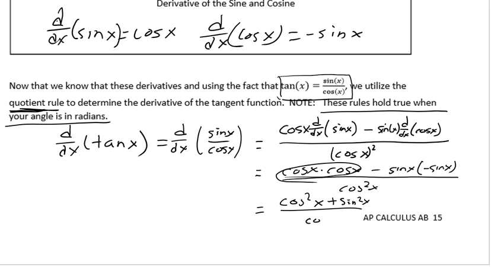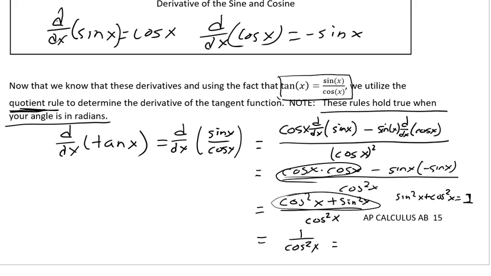And our Pythagorean identity, we know from our trigonometry that sine squared plus cosine squared equals 1. So this is going to equal 1 over cosine squared of x. Also from our trigonometry identities, we know that 1 over cosine is equal to secant.